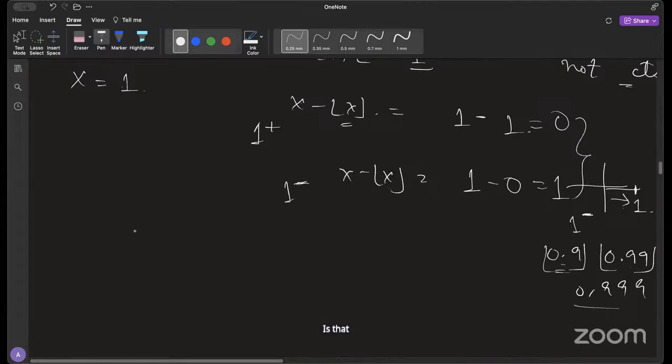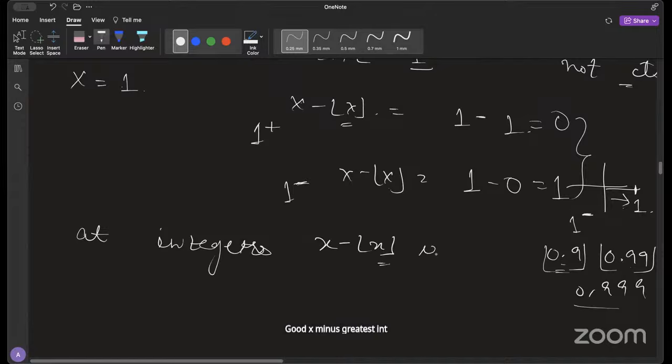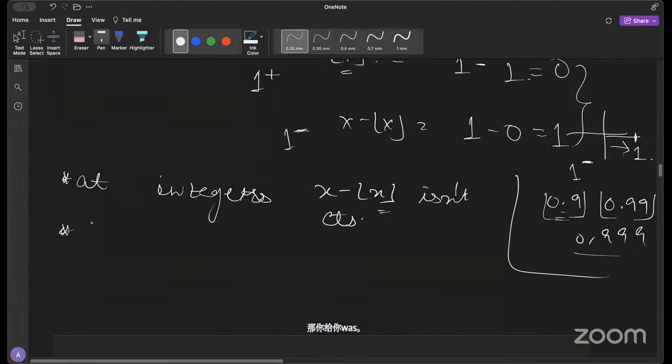Is that all right? So at integers, your x minus greatest integer function is not continuous. And what about non-integers? It's continuous for non-integers. Let's do one random non-integer.